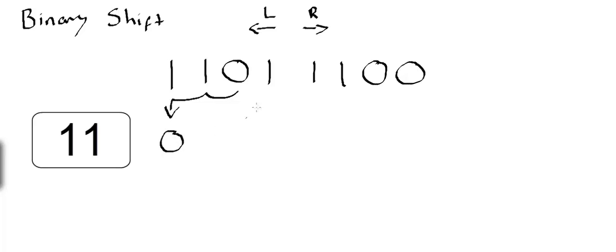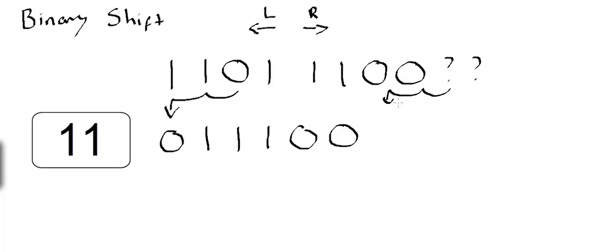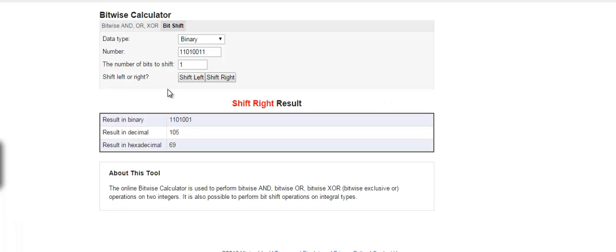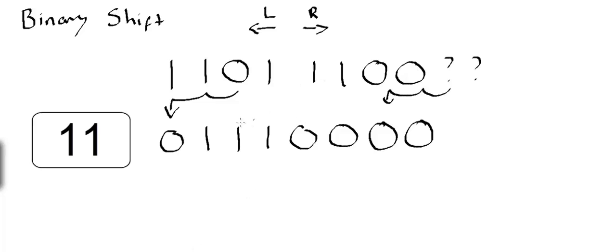So it would be a 0, then the next number along, so 1, 1, 1, 0, 0, and obviously we've got nothing up here to move down, so we just fill the space in with zeros. Whilst you're revising this, there are websites that you can use to check your workings out, but as long as you double check them, it shouldn't really be a problem. So the same would happen obviously if we shifted it to the right.